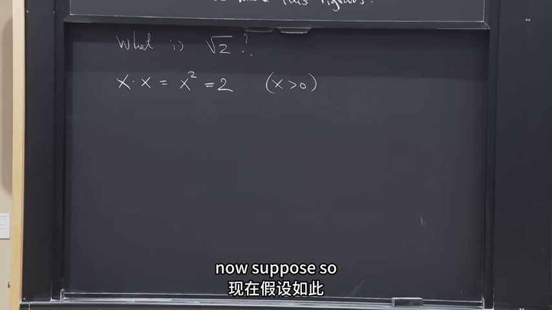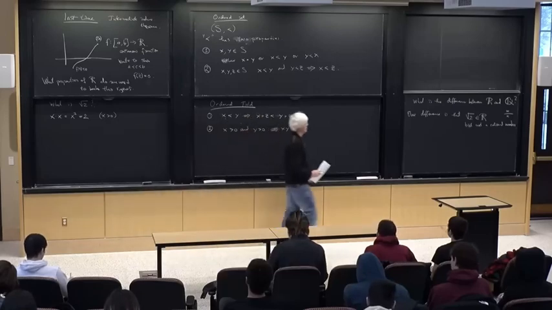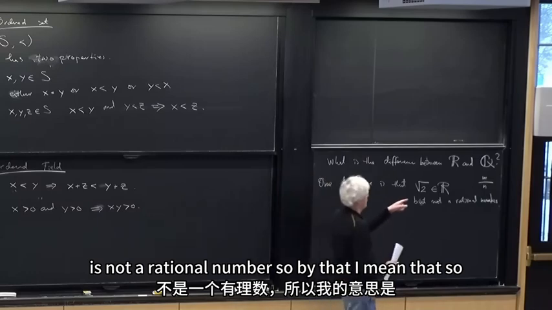Now, I claim that square root of 2 is not a rational number.